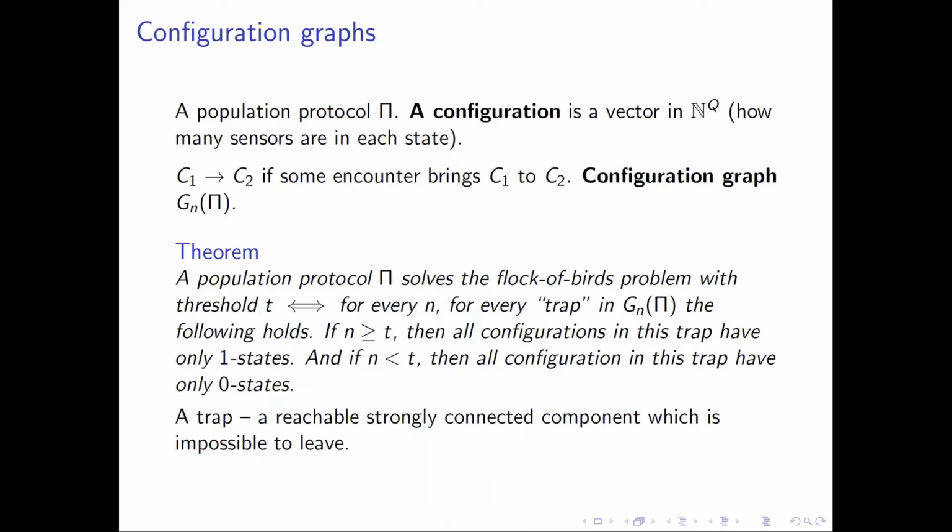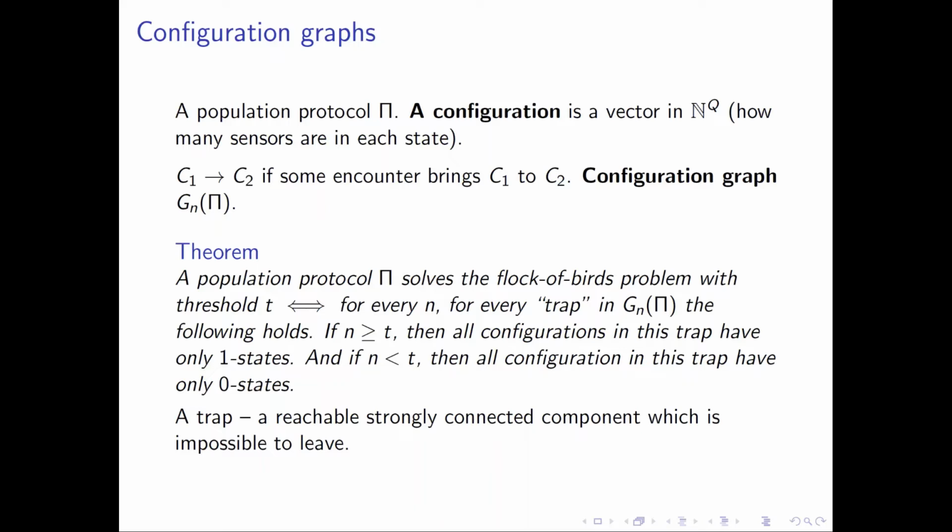A trap in our graph is a strongly connected component, reachable from the initial configuration, which is impossible to leave. Basically, it means that this is some set of configurations such that it is pairwise connected. So from each configuration of this set, you can reach any other configuration of this set, and it is impossible to reach any other configuration.